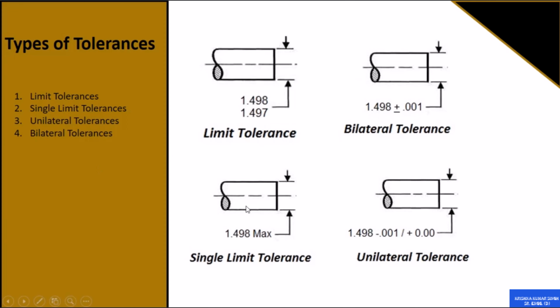In limit dimensions we have two values, an upper and a lower limit. In bilateral tolerances, we also have the upper and lower, and it is the same in positive and negative directions.